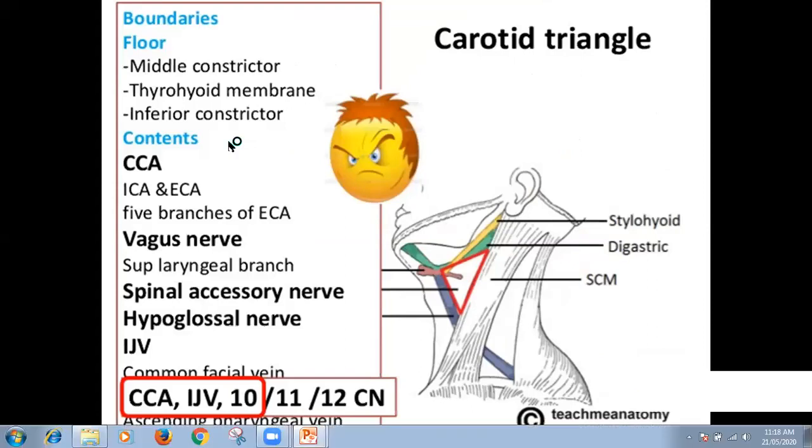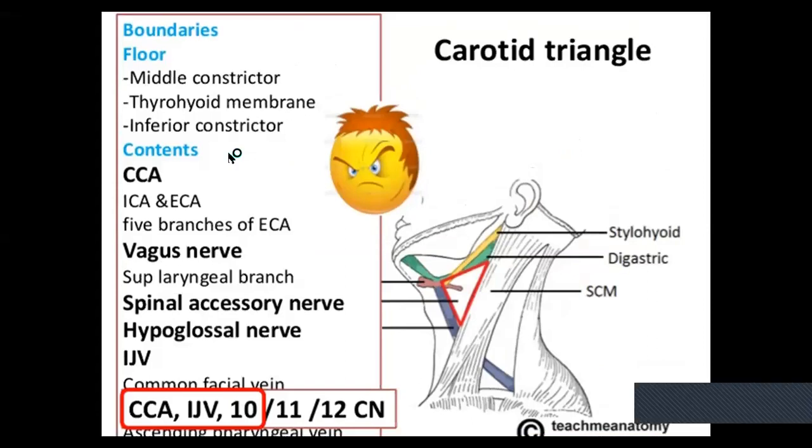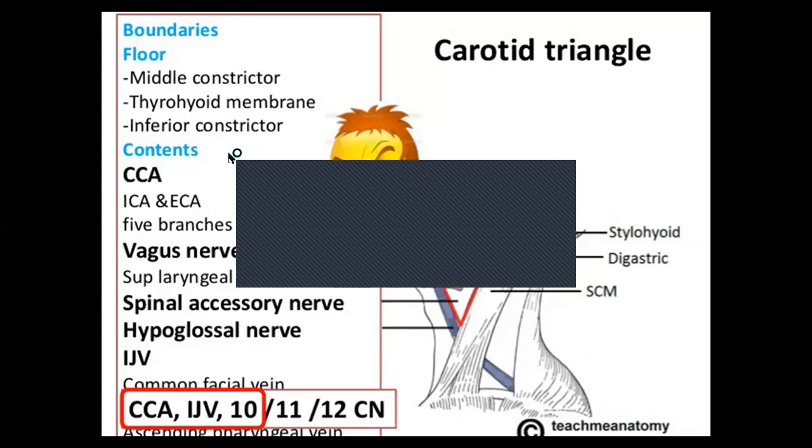All these are important contents of carotid triangle. Other than that, carotid sheath is there. Carotid sheath is also present in this triangle. So this triangle contains 10th, 11th, 12th cranial nerve, common carotid artery, internal carotid artery, carotid body, carotid sinus, ansa cervicalis. So a lot of important structures are there.